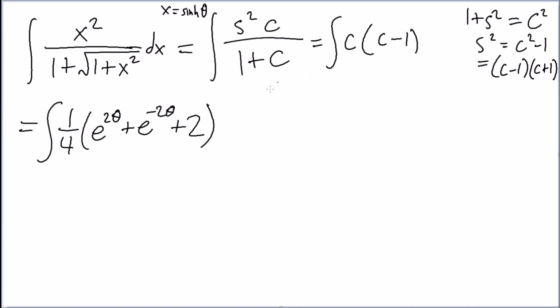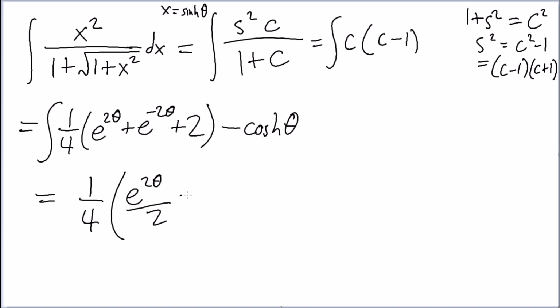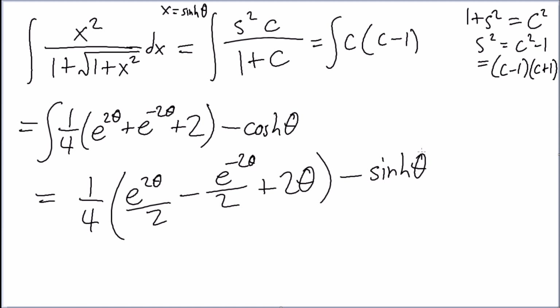And then minus cosh theta. Okay. Then our answer is simply 1/4 of e to the 2 theta over 2 minus e to the negative 2 theta over 2, plus 2 theta, and then minus sinh theta.